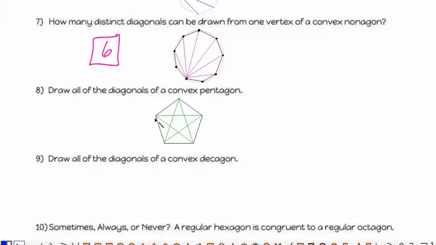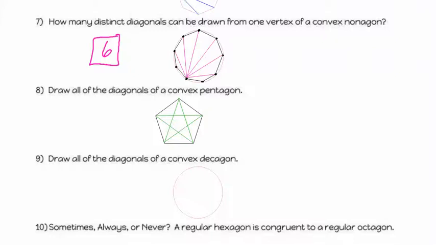So we're going to start with a decagon. Whoops. Wrong shape. Let's try that again. Well, goodness. What is going on? One more time. Hey, there we go. Now it's working.